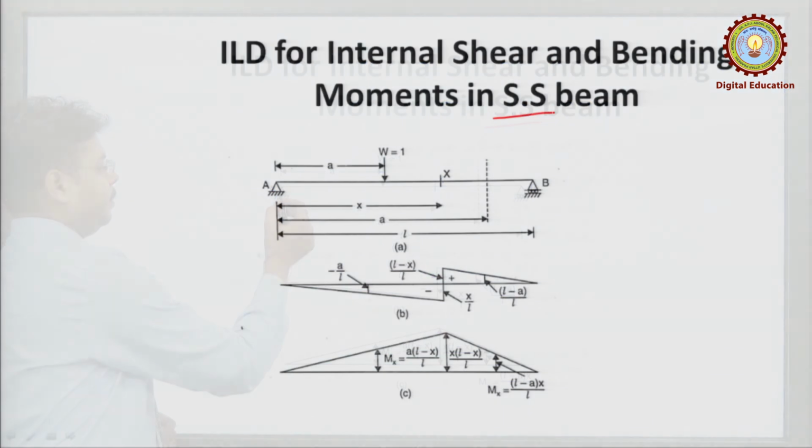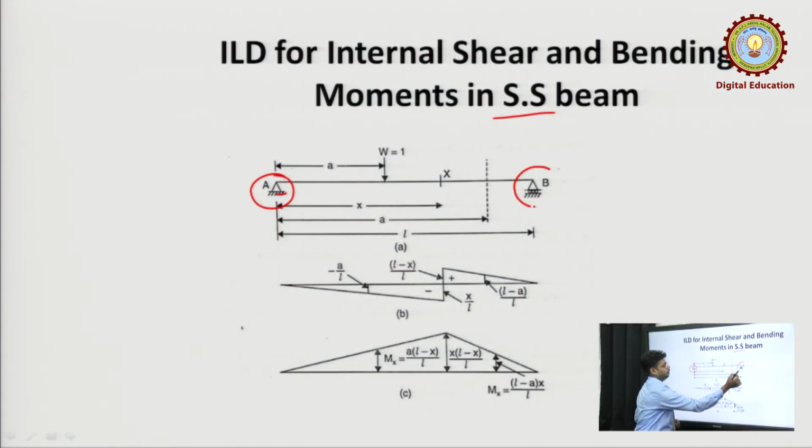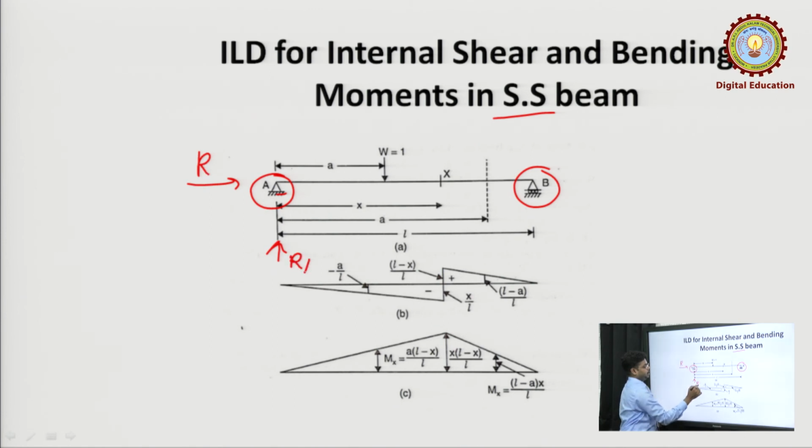Here is a simply supported beam having a hinge and a roller. There are two supports, so we have reactions here: HA and RA, horizontal reaction and vertical reaction. Similarly, this is the roller point. Here we have one reaction, that is RB.